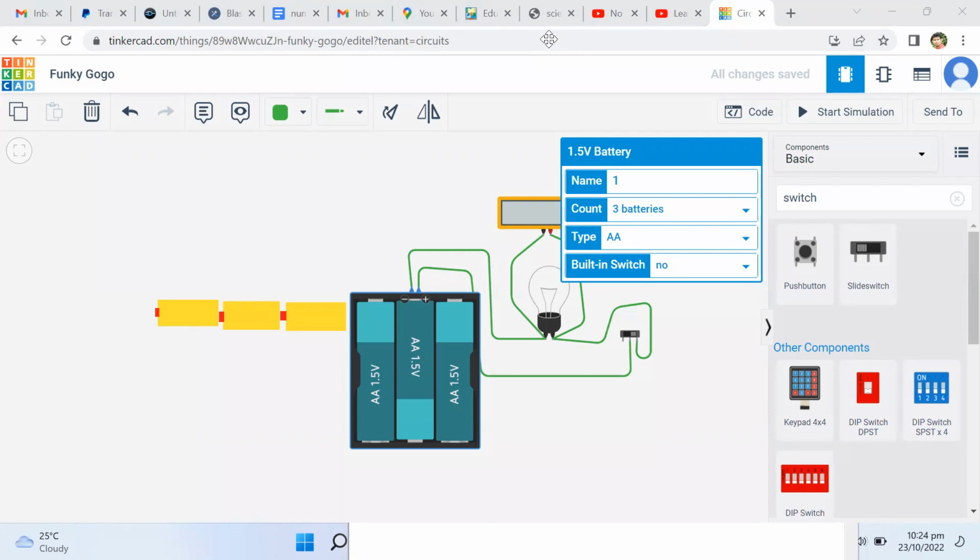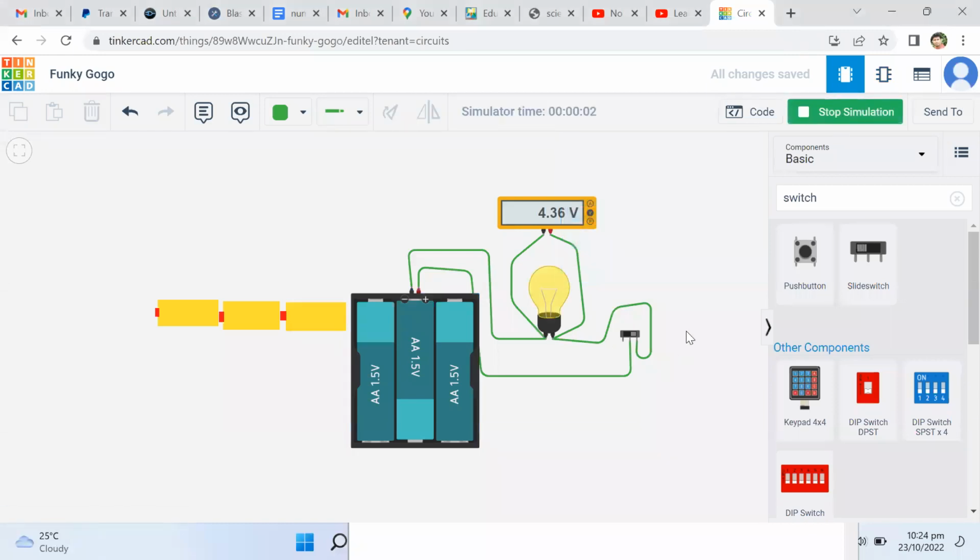When there is a serial connection, the voltage will be the sum of the voltages of all the batteries. That is here closer to 3.5 volts because you have added 3 batteries.